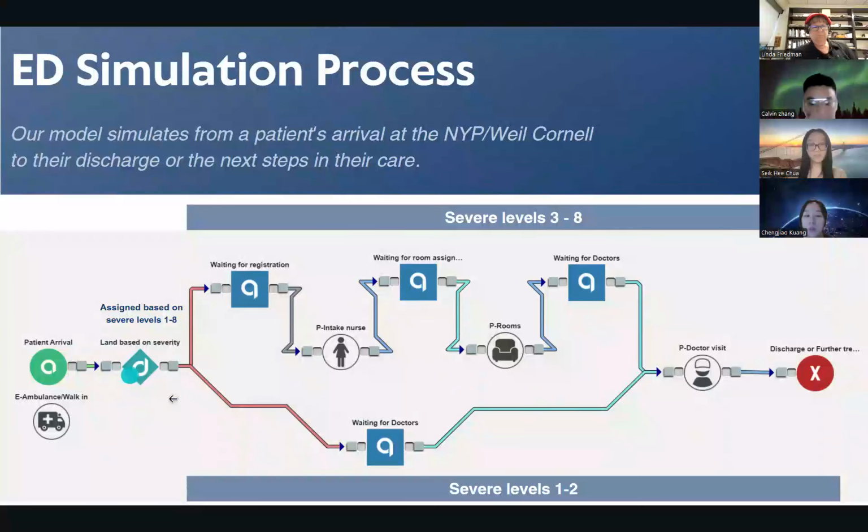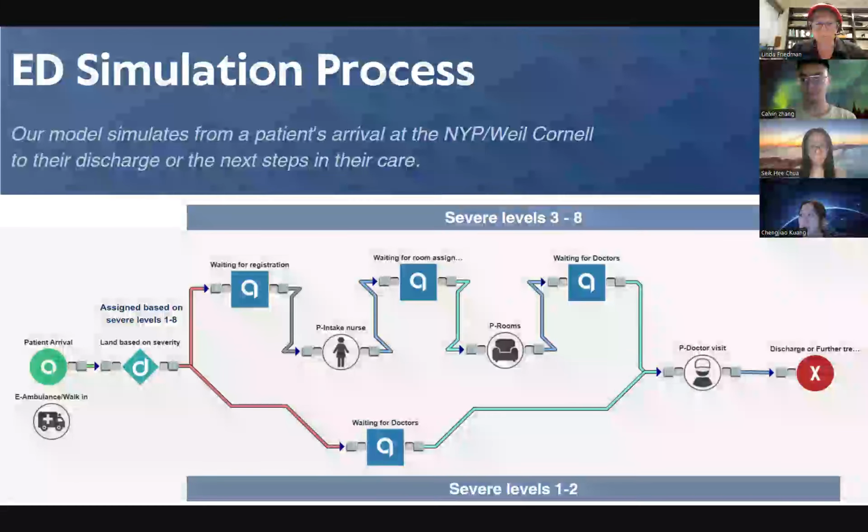Then the patients are assigned based on the severity level of their conditions, ranging from 1 to 8. Levels 1 and 2 mean the patient's condition is life-threatening, so those patients will be taken directly to see the doctors. The other patients, levels 3 to 8, have to go through 3 processes: the intake nurse, room assignment, and doctor's visit.